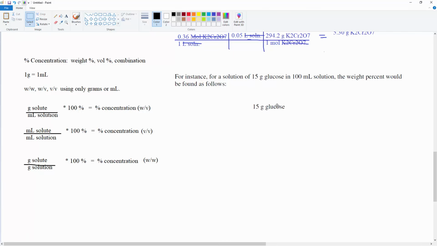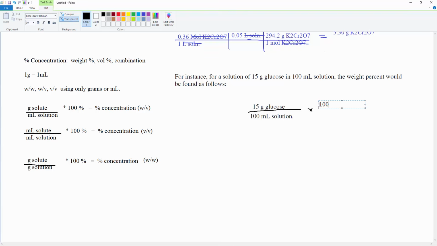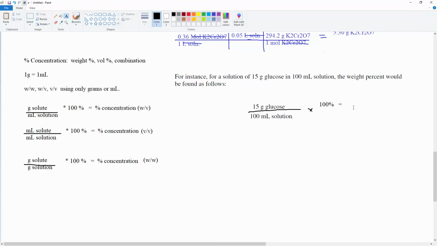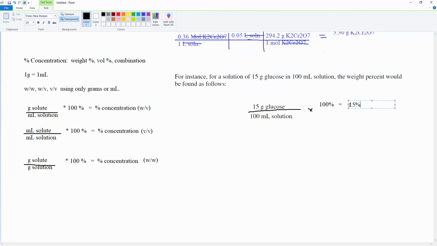It's already in grams, so that's nice. And this is in milliliters, so that's nice. I can just stick this one on top of that one, right? Multiply it by 100%. And then I get a 15% glucose solution.